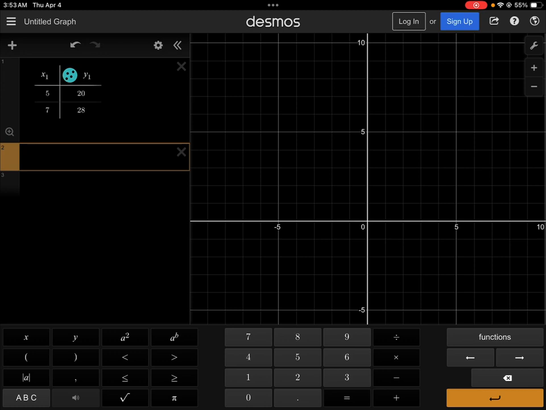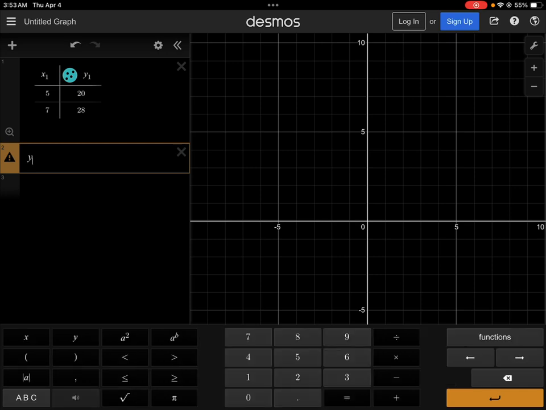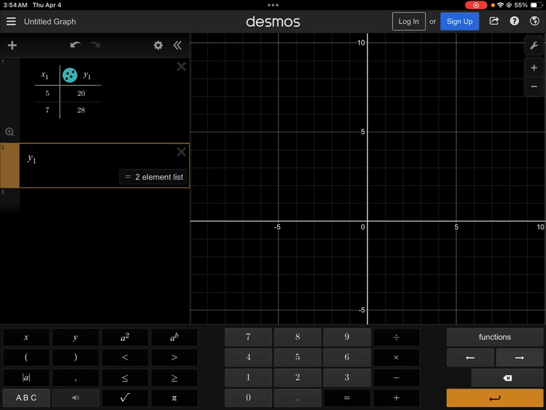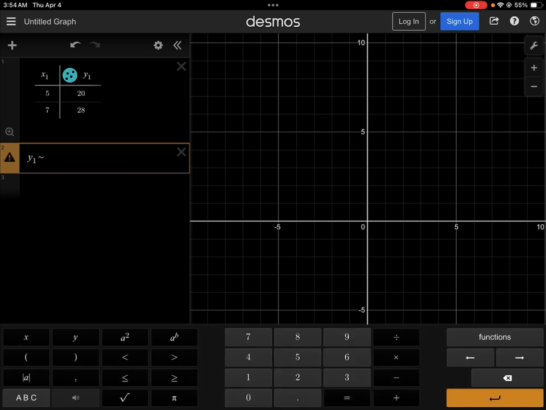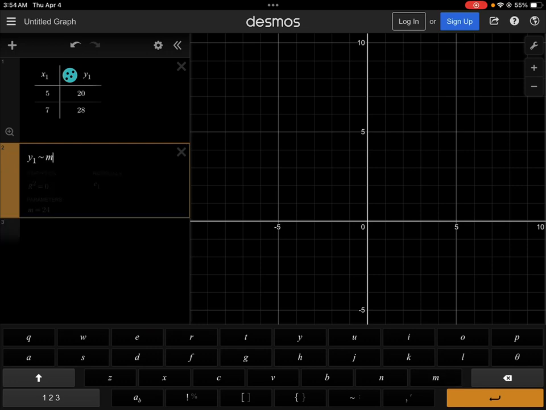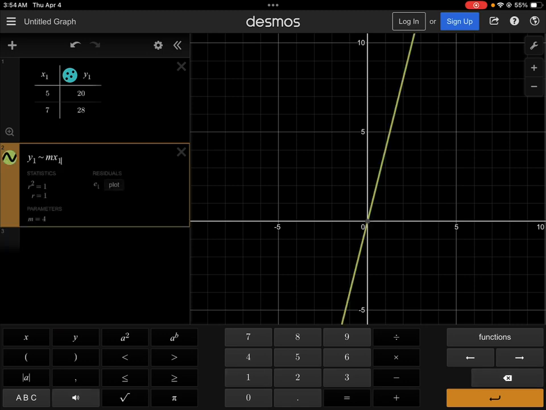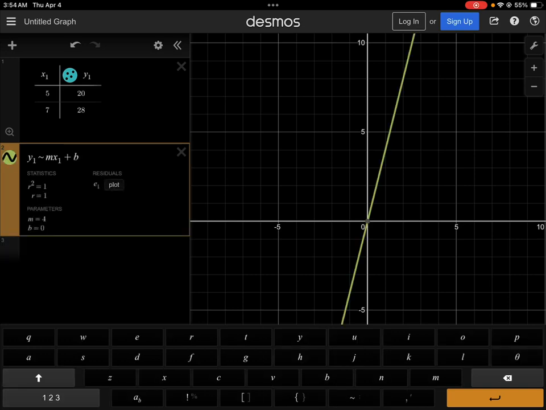Then in the next line I'm going to write the following: Y1, then a squiggly (tilde), then m, X with subscript 1, plus b.